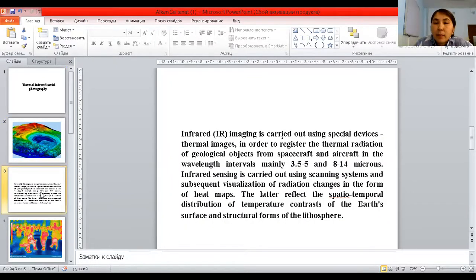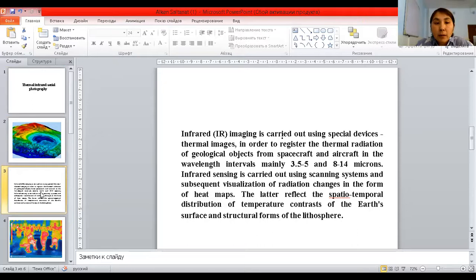Infrared imaging is carried out by using spatial devices, thermal images, in order to register the thermal radiation of geological objects from spacecraft and aircraft. And these wavelength intervals are mainly 3.5, 5, and 8 or 10.